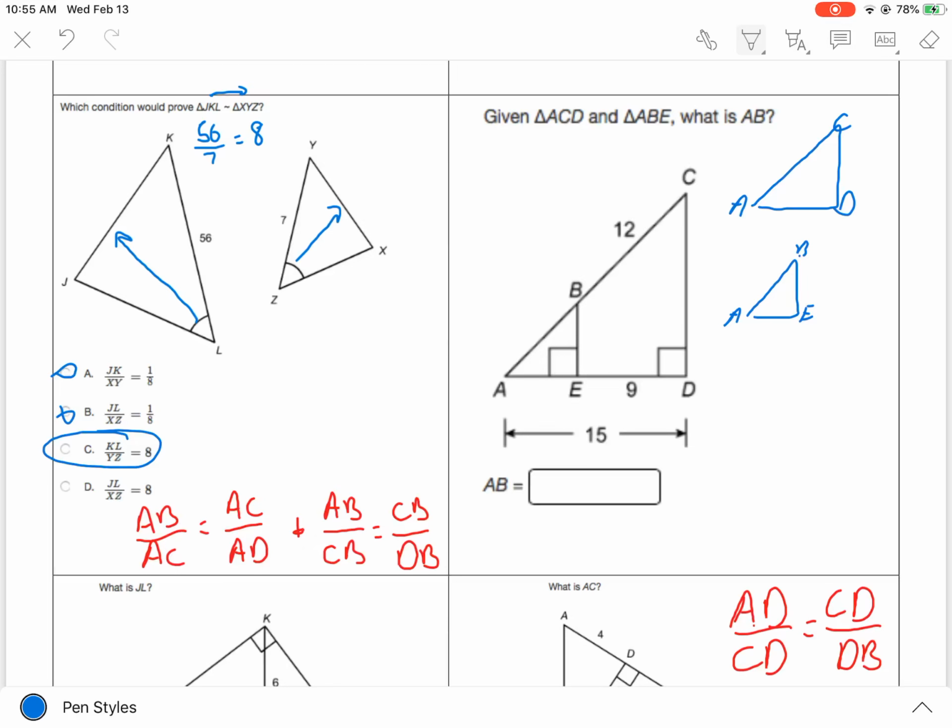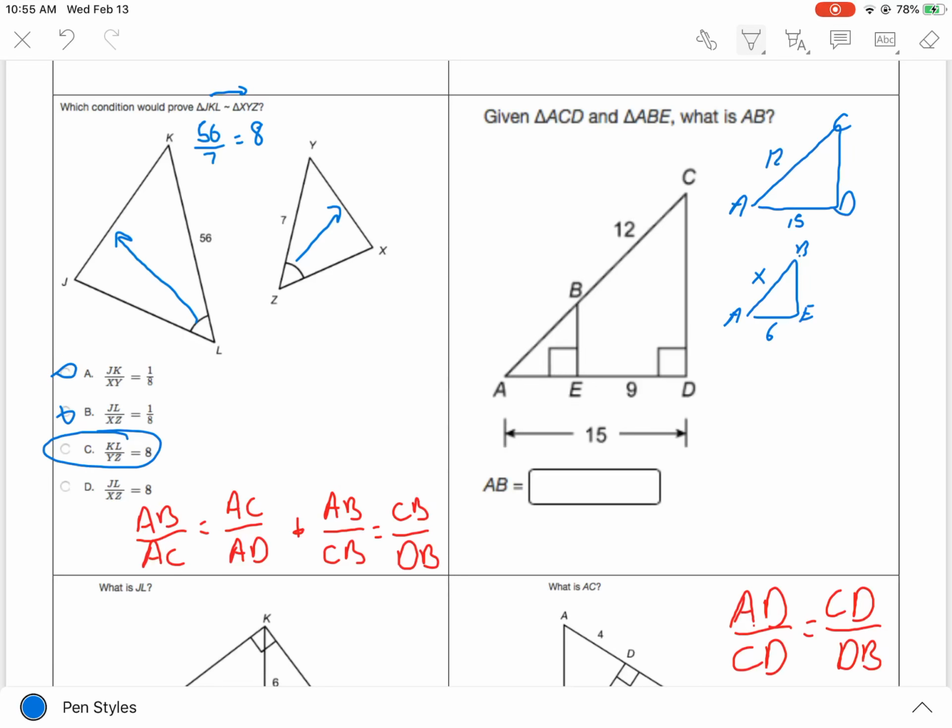We would know that the entire length of this is 15. This would be 15 minus 9, which would be 6. And then we don't know what this is.